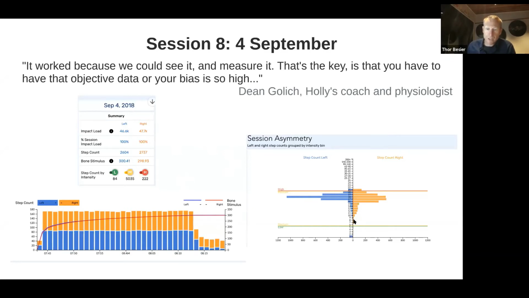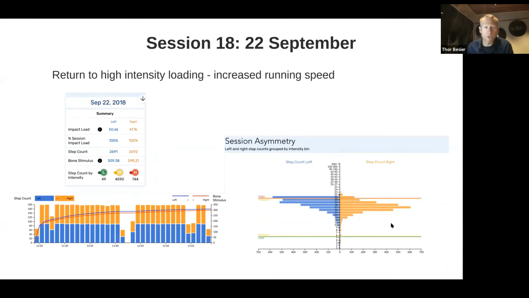What's also interesting about these is you can characterize the distribution in those impact loads. And on the left side, which is not injured, you see a far more uniform pattern of impact loading. And as you continue to progress, you see these patterns emerging where you have more uniform loading between the left and right limbs.